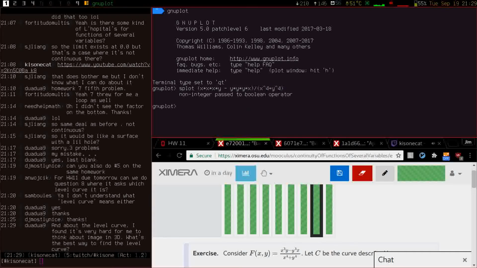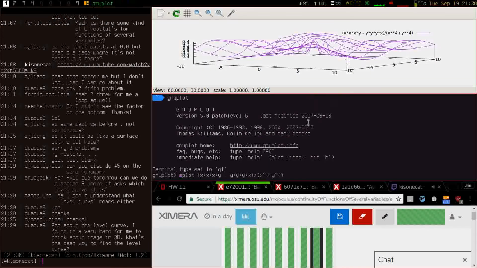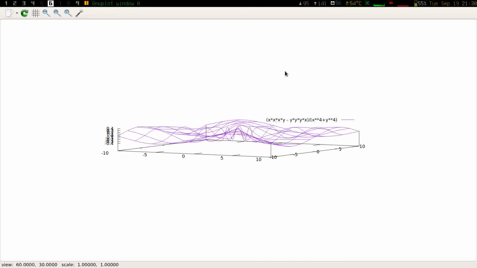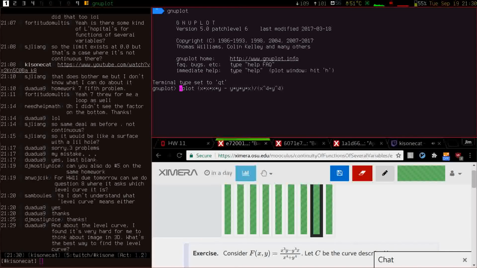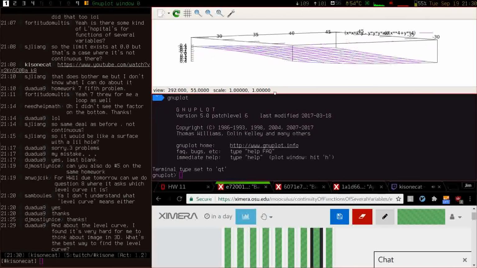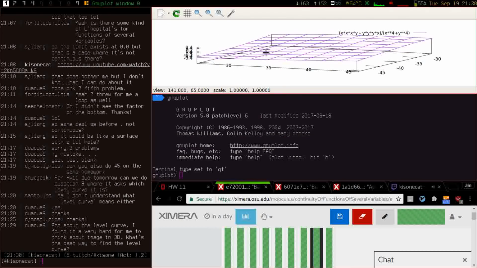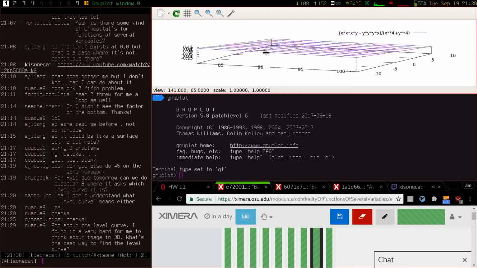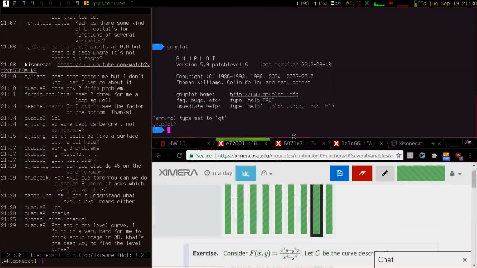Let's see. I think I use this in GNU Plot. I just never really know. Oh yeah, that worked. Okay. So that's unfortunate. Let me try it again here. Well, that's really crazy looking, isn't it?